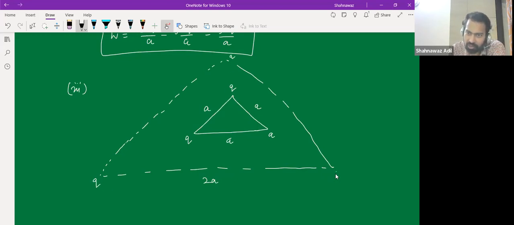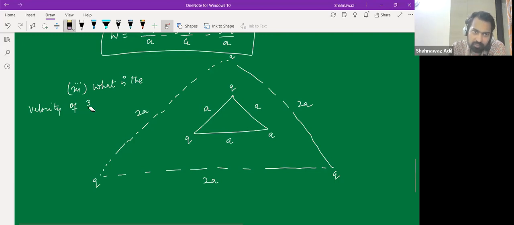Now it has come to this 2a distance. So the question is: what is the velocity of these three charges at 2a distance?